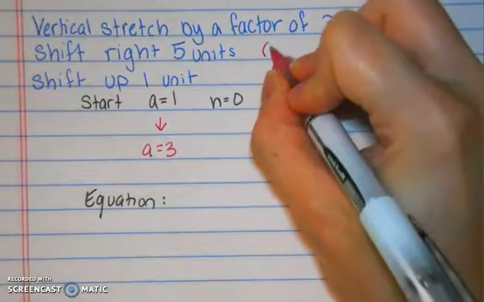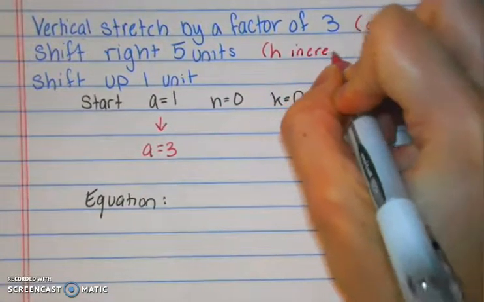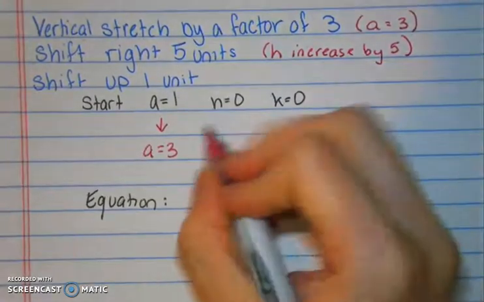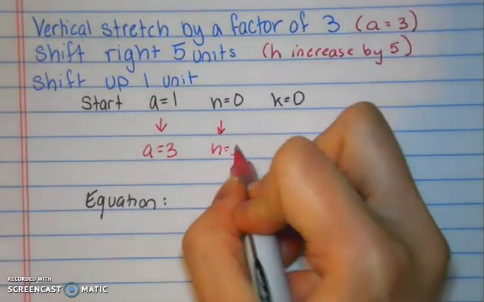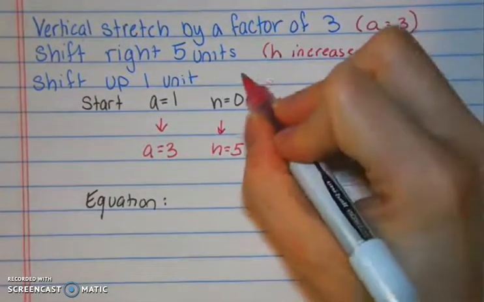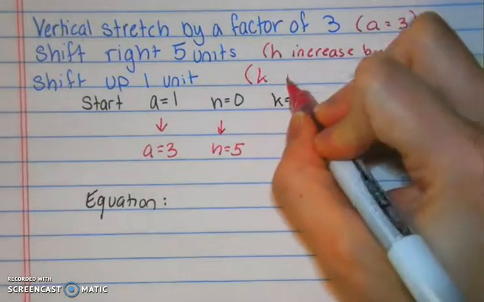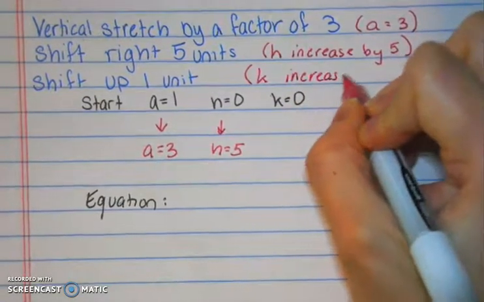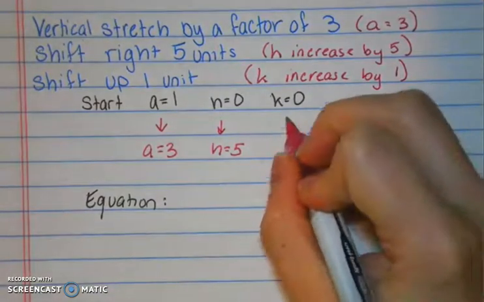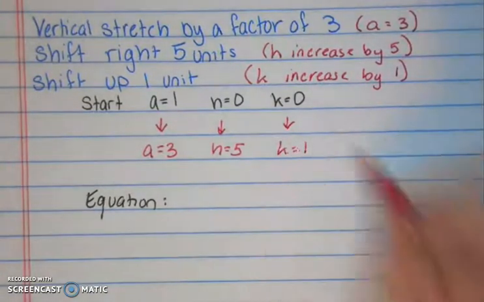So that means that h will increase by 5. So 0 plus 5 gives me 5. Then I am going to shift up 1 unit, so k will increase by 1. So now we have k equals 1.